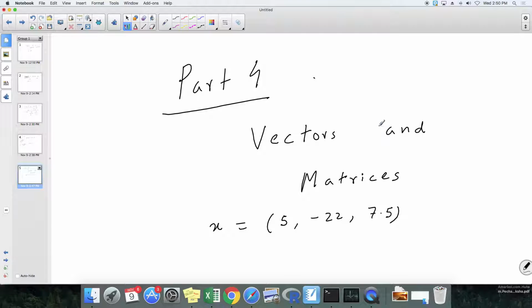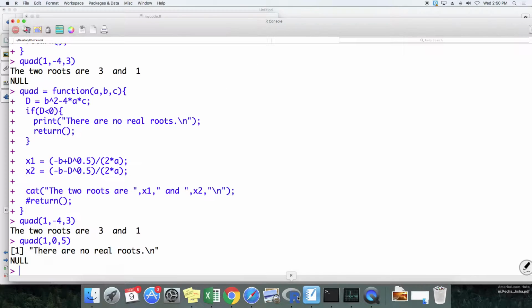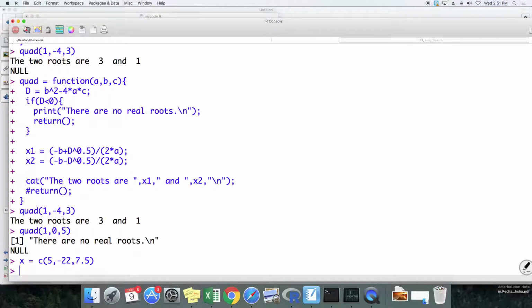So how to input this in R? Basically, you will simply write x equal to 5, minus 22, 7.5, but you will just put a c. This c is for combining things, and that's it.